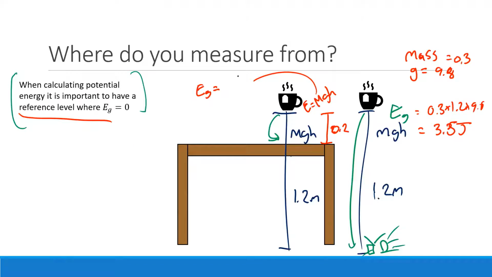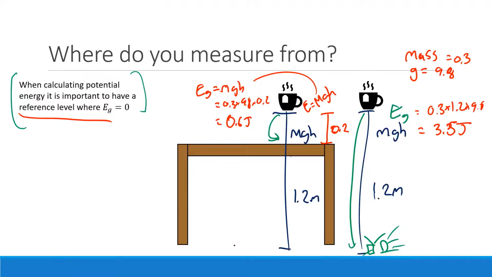Whereas this one, because it only has to fall 0.2, let's calculate this one. Eg equals mgh equals 0.3 times 9.8 times the height, which is 0.2, which comes out to, let's round that, 0.6 joules.